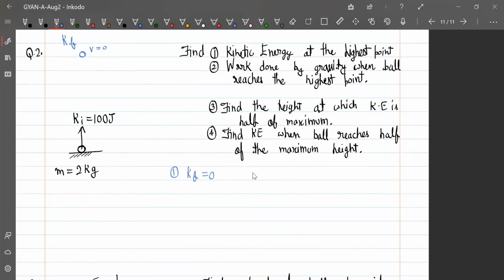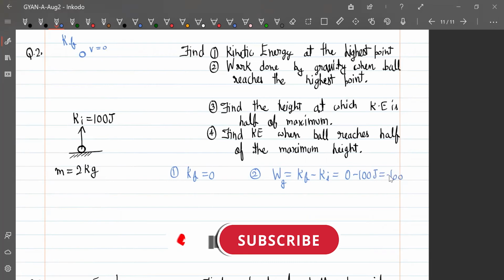Then if you want to find the work done, you can write work done will be equal to final kinetic energy minus initial kinetic energy. So who is doing the work? Gravity is doing the work. Because there are no other forces, only the gravitational force does work. That will be 0 minus 100 joules, and the work done by gravity will be minus 100 joules.